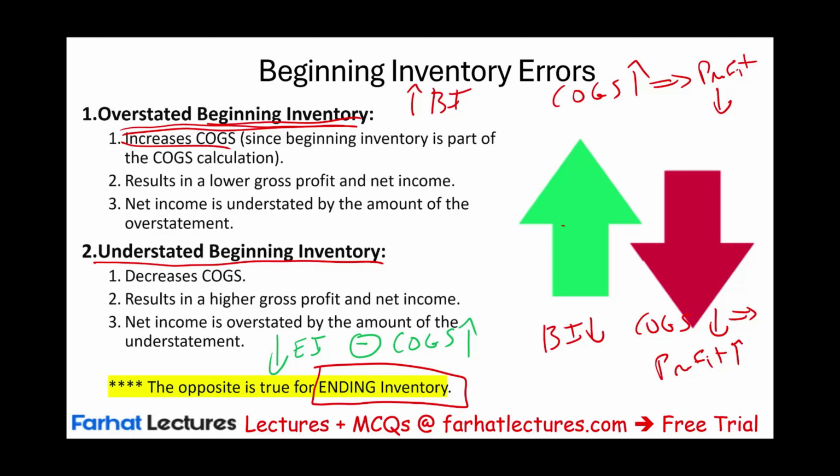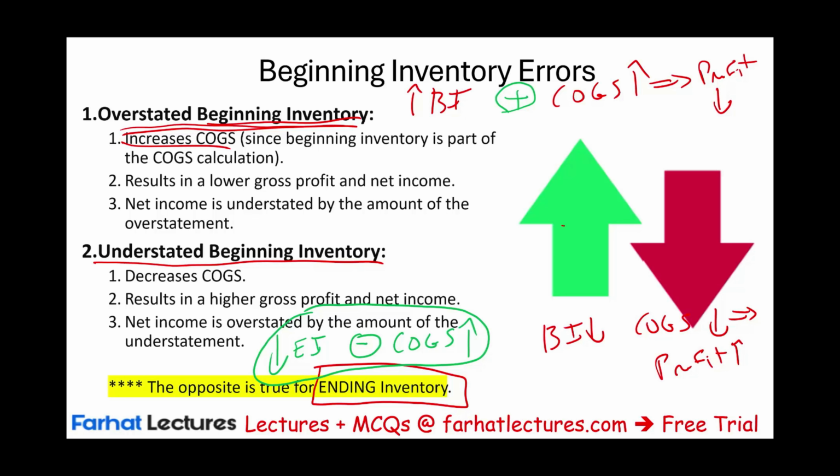They're the opposite. Versus beginning inventory and cost of goods sold, they have a positive relationship. They work in the same direction. Ending inventory and cost of goods sold work in the opposite direction. And I suggest you focus on ending inventory and cost of goods sold. Why? Because for one thing, they're the opposite of each other. That's one.